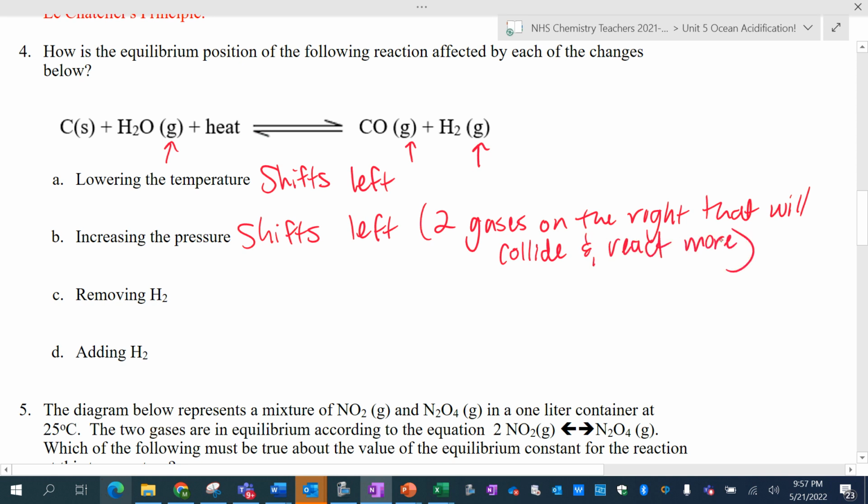If you remove H2, what's going to happen? Well, if we take this out, it's like there's a hole here. It's not there. So the forward reaction is going to speed up to try to replace that H2. So this would be shifts right.